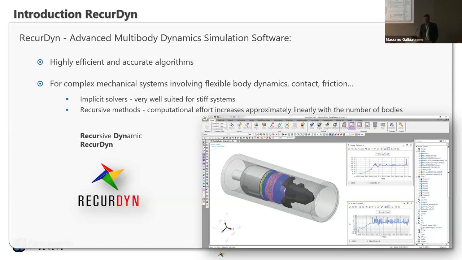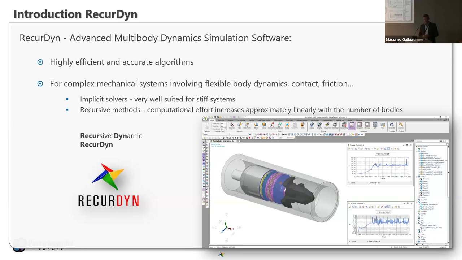Another one is a recursive method. This means that we have the possibility to deal with a lot of degrees of freedom. You can imagine we need this for the flexible stuff. We get a lot of degrees of freedom inside the model, so that's why we need a powerful solver algorithm. This recursive dynamics is also the name-giver for Recurdyn.